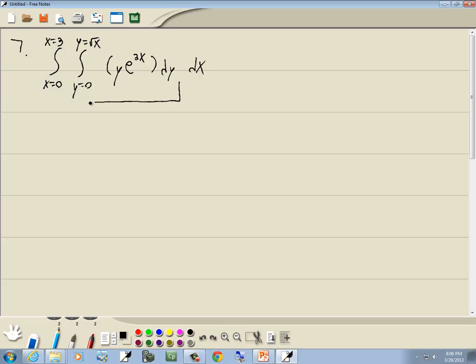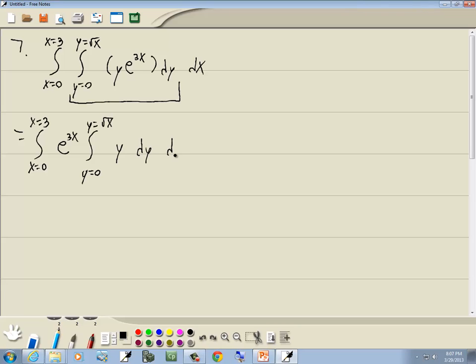Okay, so I'm going to work with the inner one here. I'm going to take the integral of this with respect to y. So the e to the 3x is just a constant. And I'll go ahead and show it in this example. Again, since the e to the 3x is a constant, I can put it out in front of that particular integral if I wanted to. Now you can't put it clear out in front, but you can definitely put it out in front of this because I'm integrating with respect to y.